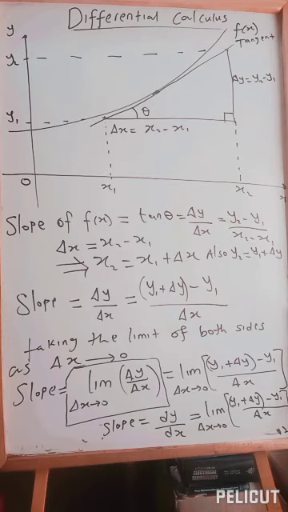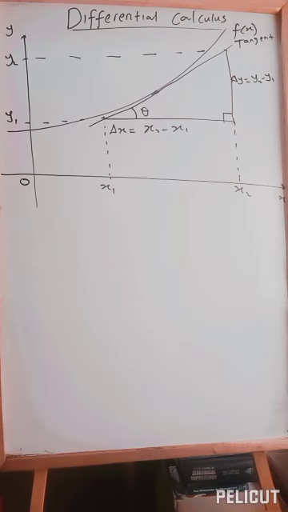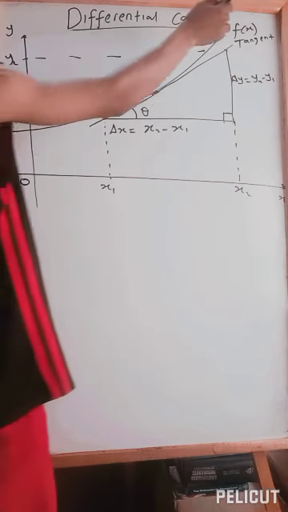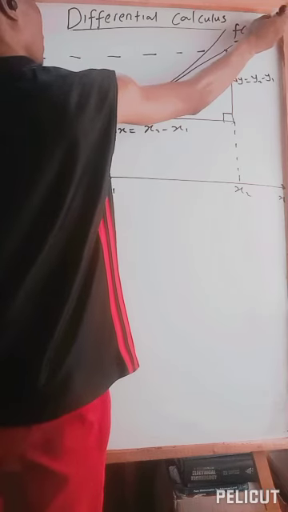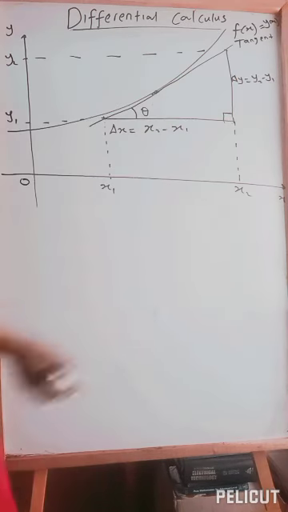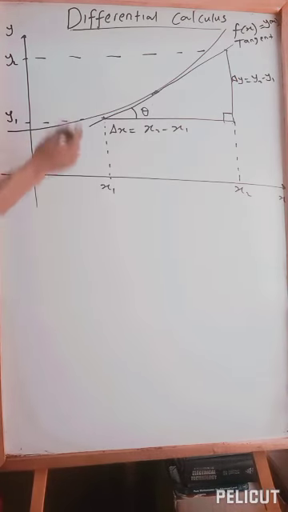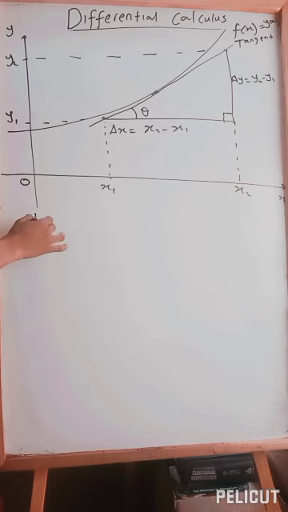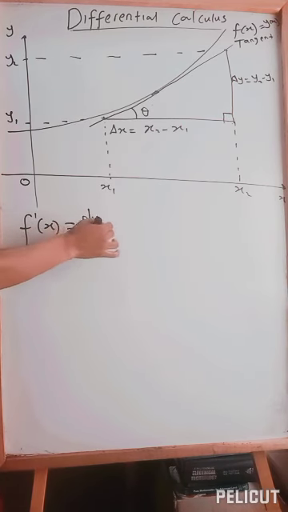So I'm going to be doing something now which I'd like you guys to pay attention to. For the slope of the function f of x, I forgot to mention, we can also say f of x is the same thing as y of x. We use this notation, f prime of x, to denote the slope, or we use dy dx.